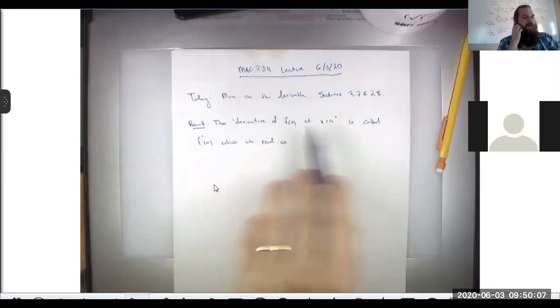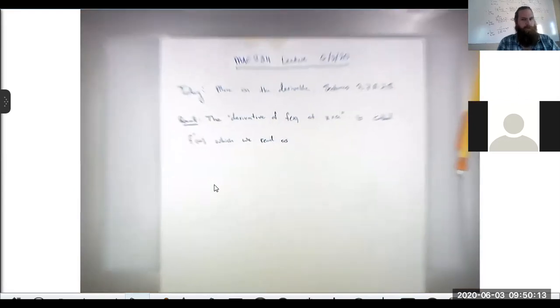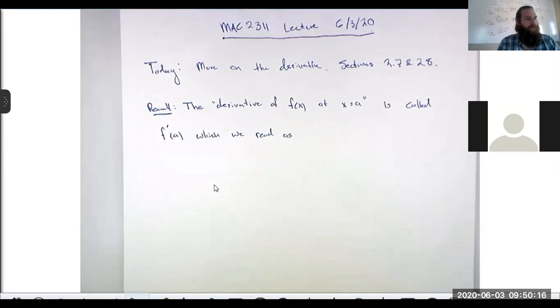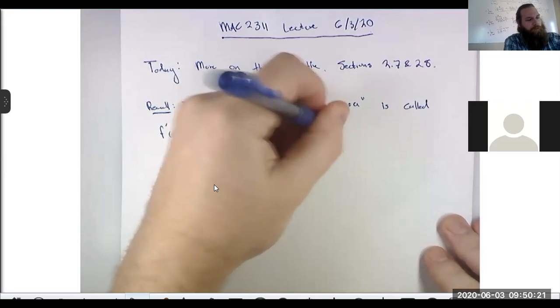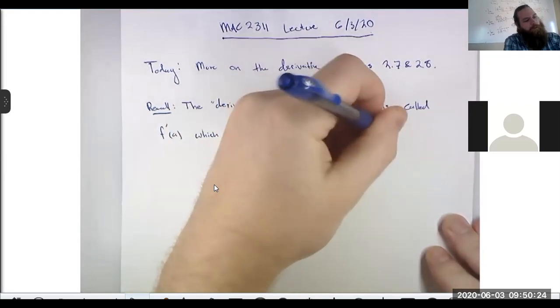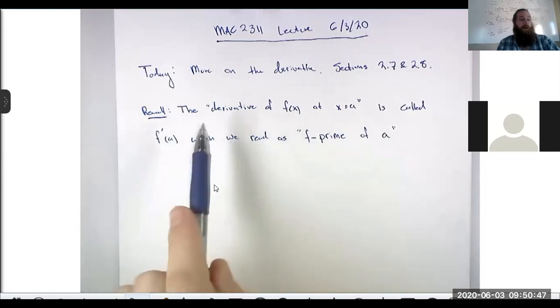The derivative of f of x at x equals a, we use this notation for, which is also read as f prime of a. This little apostrophe notation, which we've been using for the derivative, mathematicians call the prime notation. That's a standard way of saying the same thing. If I want to refer to the derivative of a function, I might call it f prime, and I might call it the derivative.